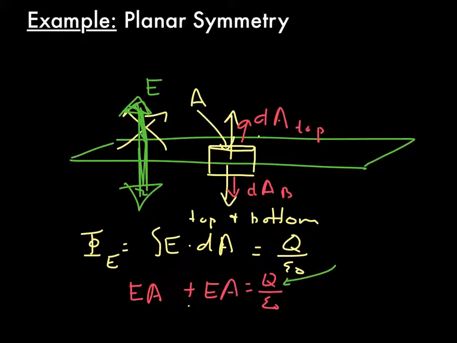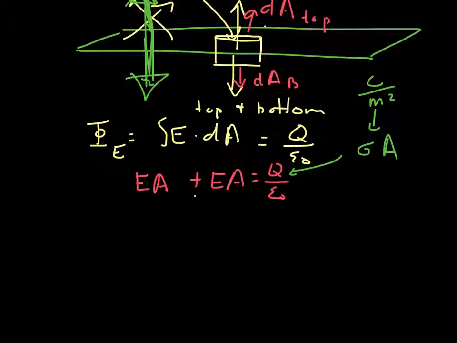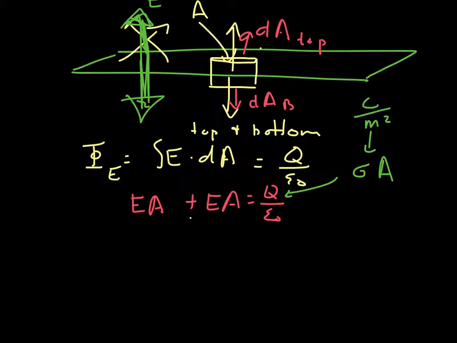We don't know total charge Q, but sometimes what you do know is a charge density. So this sigma would be coulombs per meter squared. It's an area charge density. So I'm going to move this whole thing up real quick, just like this, so we can fit our last line in. Plugging this in, you get 2EA equals sigma A over epsilon naught.